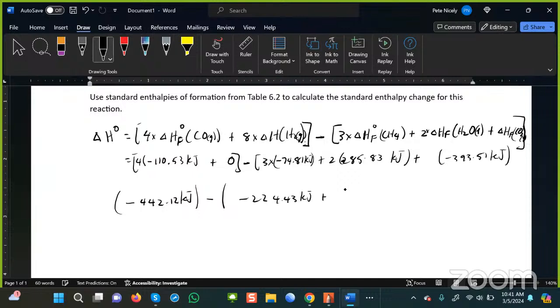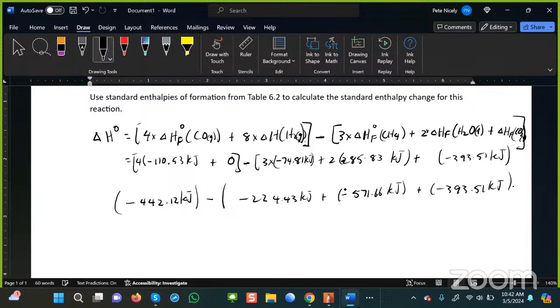And then to that, I'm going to add 2 times minus 285.83. And according to my calculation, that gives minus 571.66 kilojoules. And then finally, oh, we don't need to multiply by anything. That would be minus 393.51 kilojoules for the carbon dioxide.